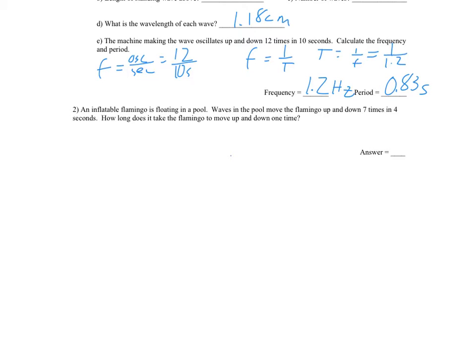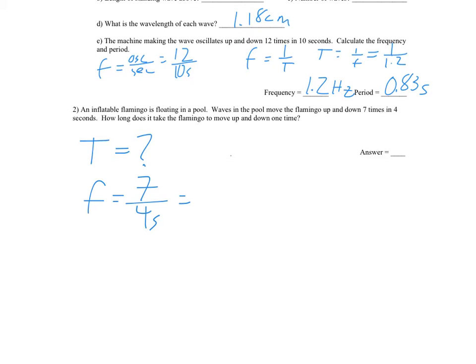The next one says an inflatable flamingo is floating in a pool. The waves in the pool move the flamingo up and down 7 times in 4 seconds. How long does it take the flamingo to move up and down 1 time? So we're actually looking for period here. Don't be thrown off, you're not looking for frequency. But to find the period, we have to find the frequency first. So the frequency is equal to 7 oscillations in a span of 4 seconds.